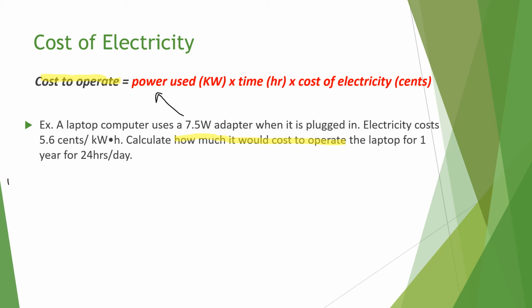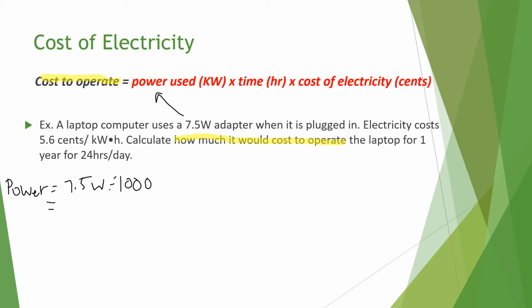So I'm going to put power over here. Okay, 7.5 watts. Now there are 1,000 watts in 1 kilowatt. So in order to convert watts to kilowatts, you have to divide by 1,000. Okay, so we're going to divide by 1,000 to get our answer in kilowatts.